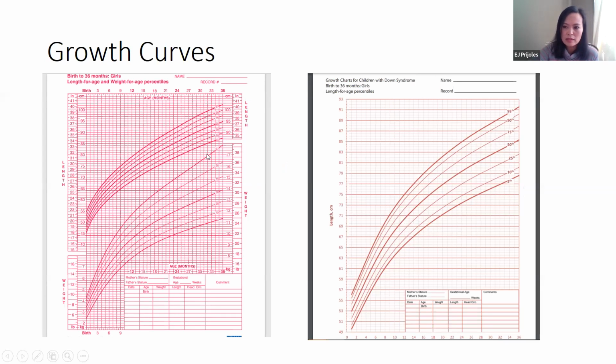And these are used during regular pediatric visits, but we use them a lot as well in genetics just to kind of get an idea of how individuals are growing. We also know that with certain conditions and certain genetic syndromes that have been well described, there are special growth curves as well for those individuals, like individuals with Down syndrome.